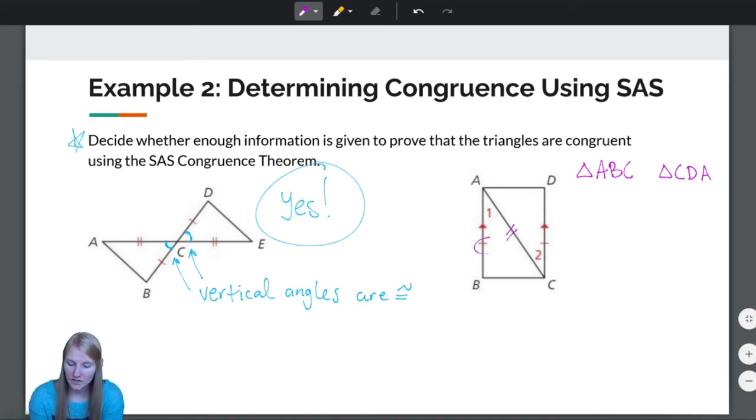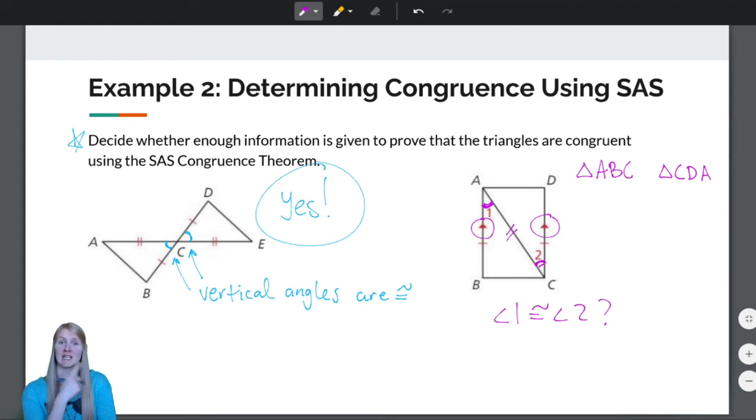Now, we have side, side again, but we would need, right, side, angle, side. We would need the included angle to be congruent. Do we know, is angle 1 congruent to angle 2? Do we know that? Well, what do these arrows mean in the diagram?